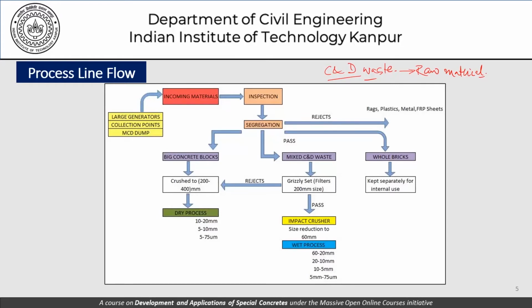Once the raw material comes in, that is, once the construction and demolition waste is received at the C&D processing facility, there is an initial inspection followed by segregation.